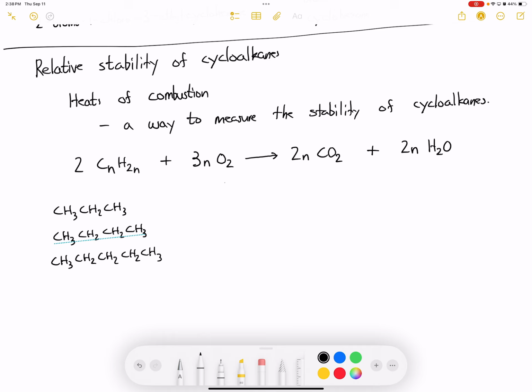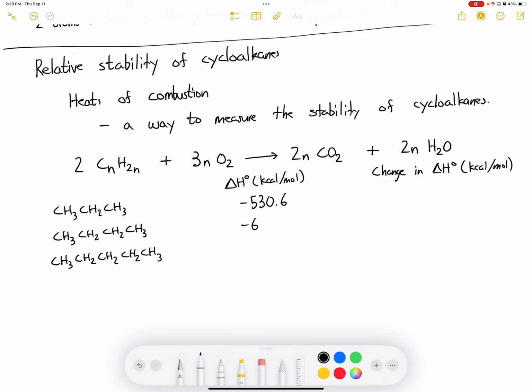So we're going to compare delta H, our combustion enthalpy, in kcal per mole, and then calculate the change in delta H. Propane is negative 530.6.